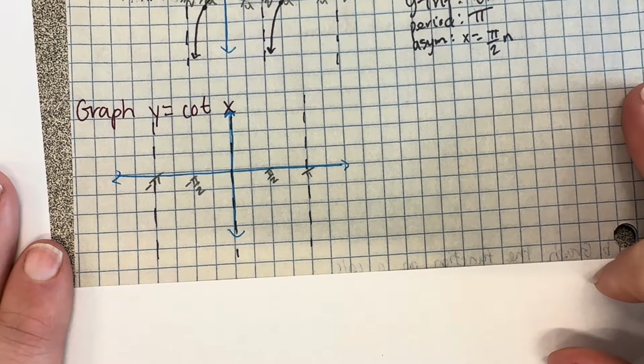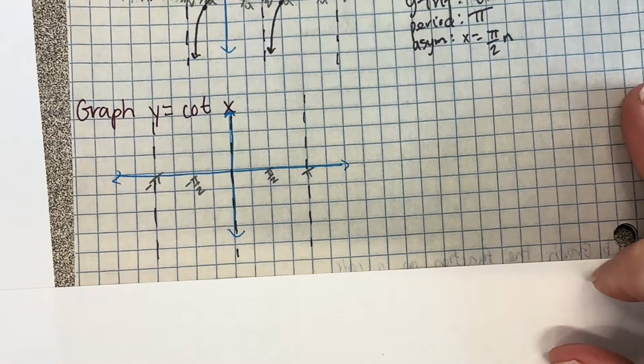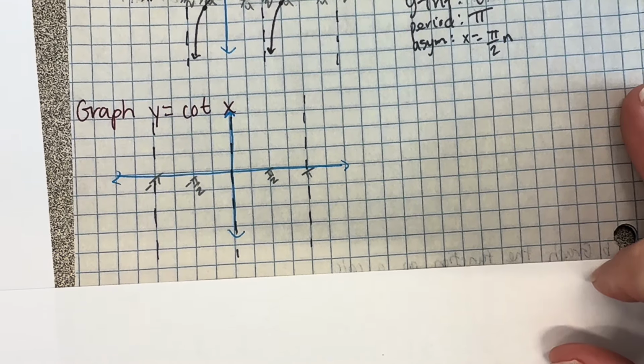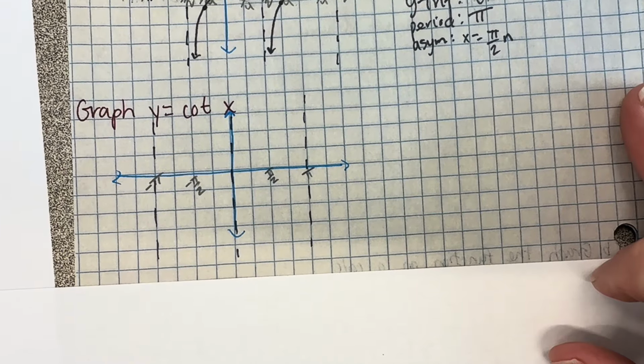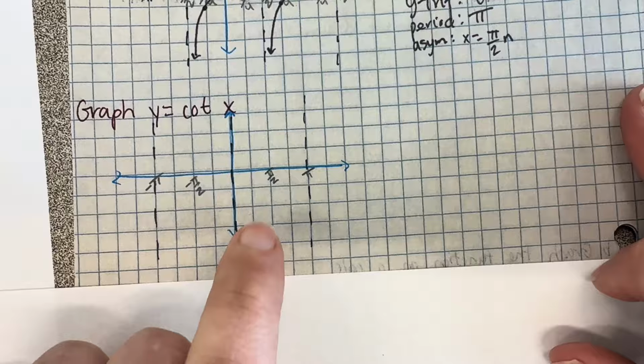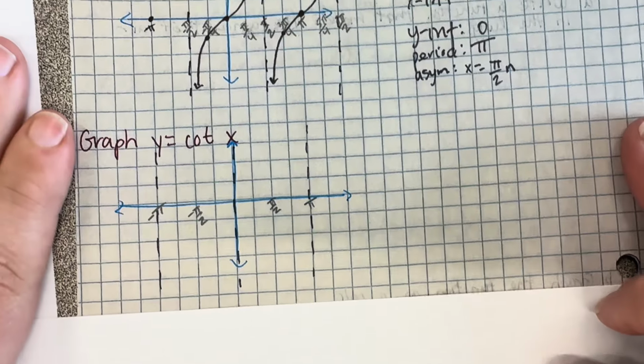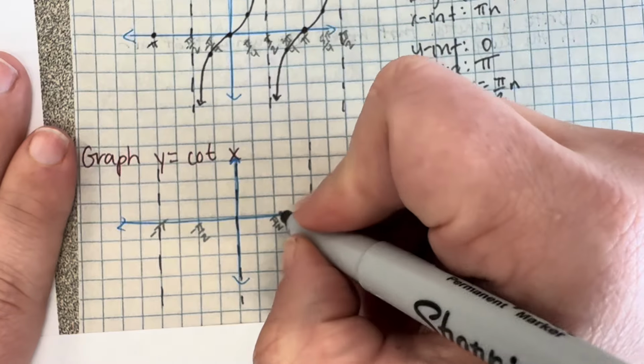So now we're going to take a look at these with our numbers here. And you're going to notice, like at pi over 4, our answer is 1, which is what happened with our pi over 4 before. All those places where we had an asymptote before, those are all going to be zeros.